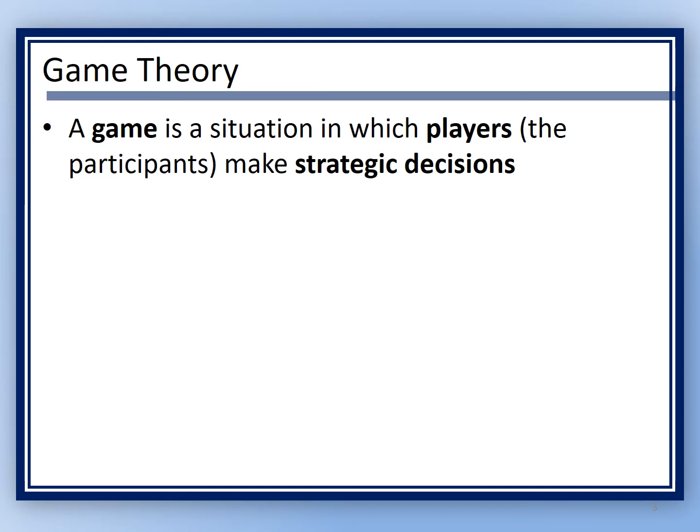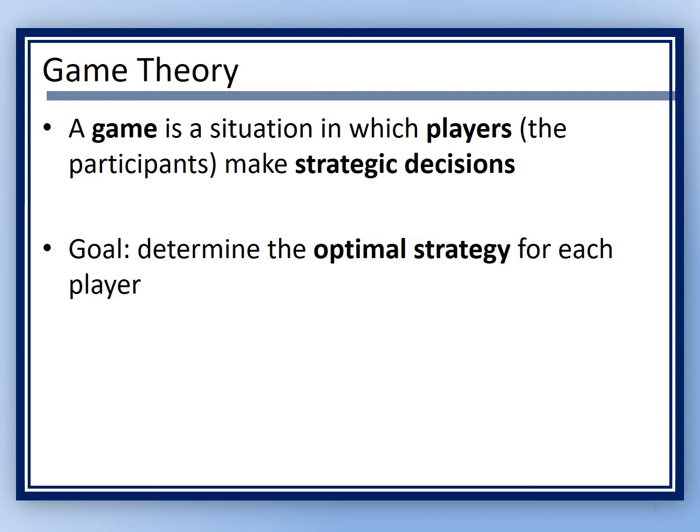It doesn't have to be actually a game. Game theory can be used to study any situation where there is strategic behavior. The goal of using game theory is to determine the optimal strategy for each player. Given the situation you are facing, what's the best strategy you can use?